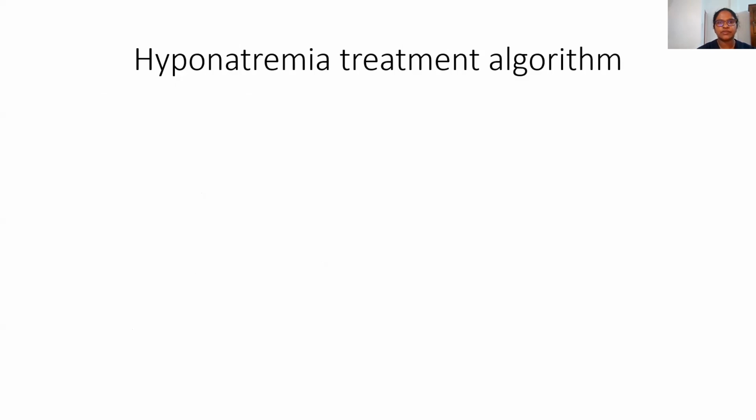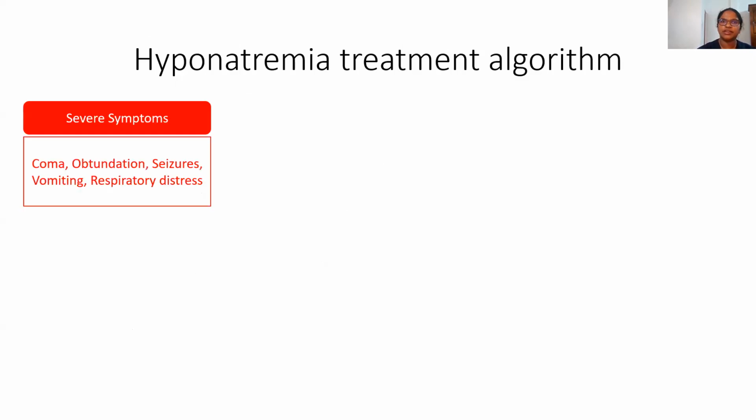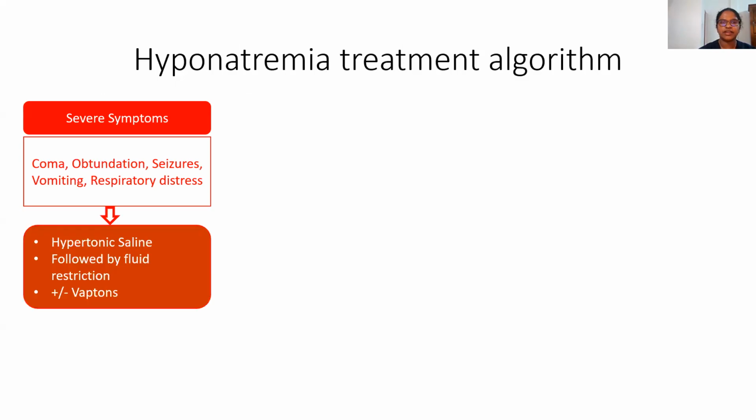So I would like to give you a bit of an algorithm on how to treat hyponatremia. If somebody with hyponatremia has severe symptoms like coma, obtundation, seizures, vomiting, or respiratory distress, then we treat them with hypertonic saline, followed by fluid restriction and vaptans.